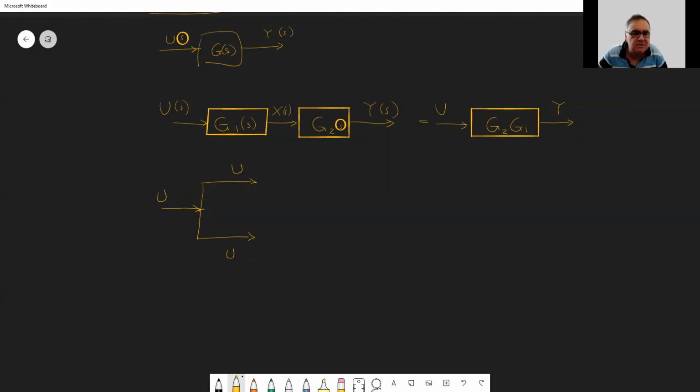So it is the signal that is flowing here, not a physical thing. Let's call this G1, this G2, this Y1, and this Y2.